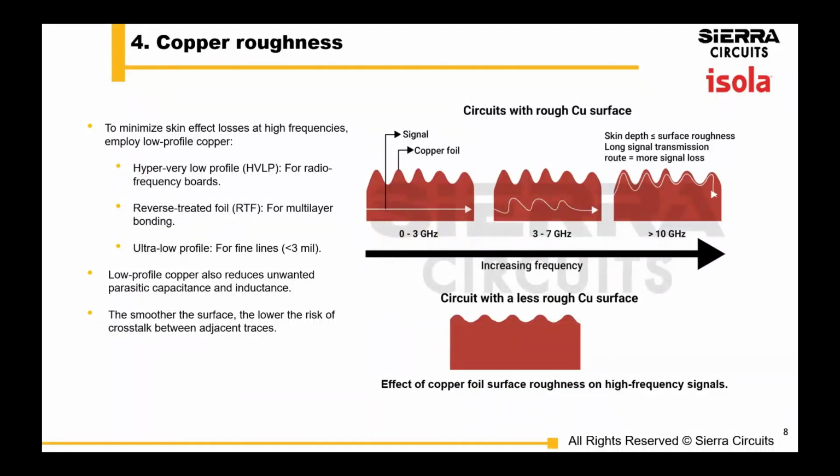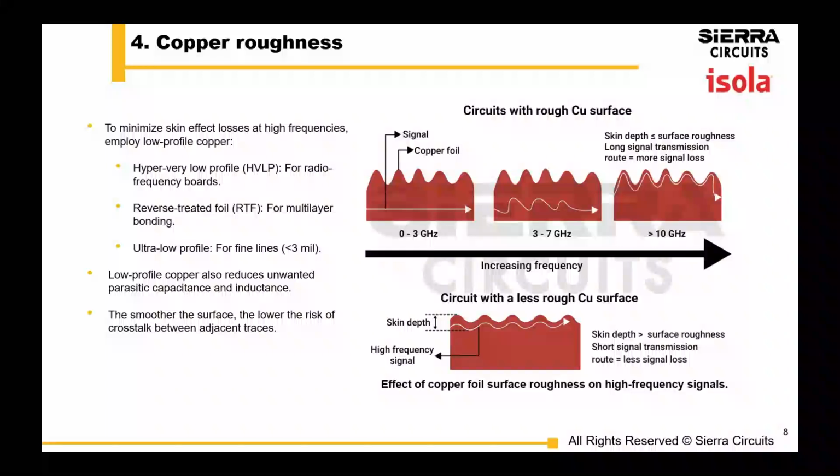Next, in selecting your PCB materials, you should consider the copper roughness. Copper roughness applies to both sides of the copper that is interfacing with the core material, and then the copper roughness that essentially is created by the fabricator to bond to the prepreg.